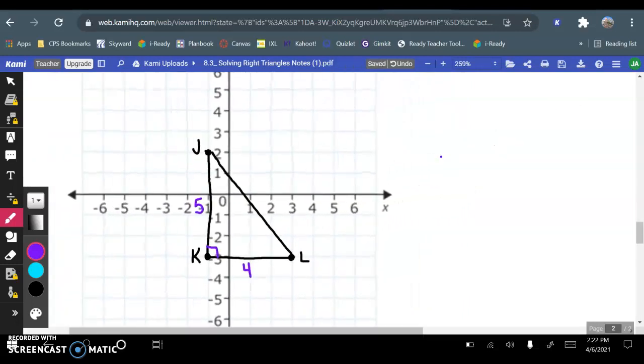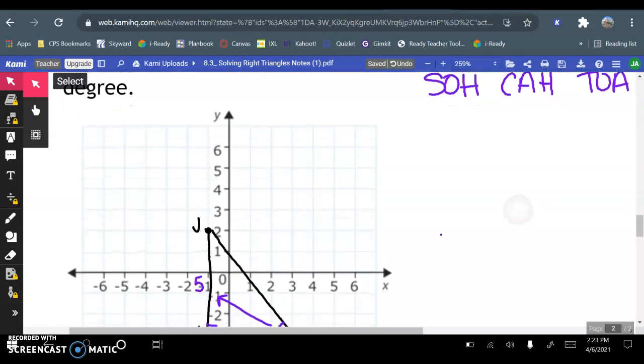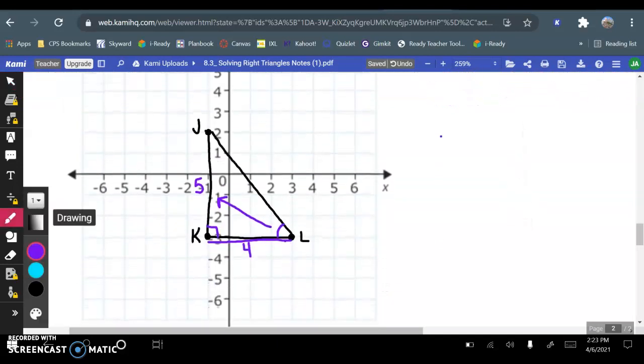So if I picked angle L here to work with, I would have opposite and I would have adjacent. So opposite and adjacent are the tangent. So the tangent of angle L is opposite, which would be 5, over adjacent, which would be 4.